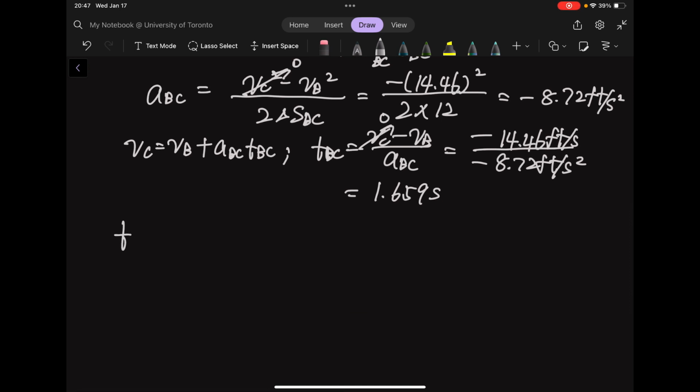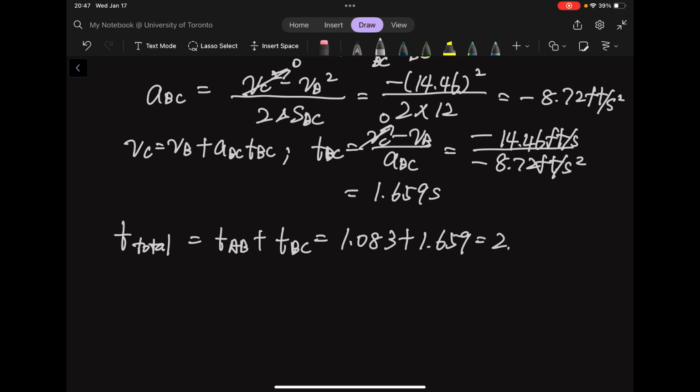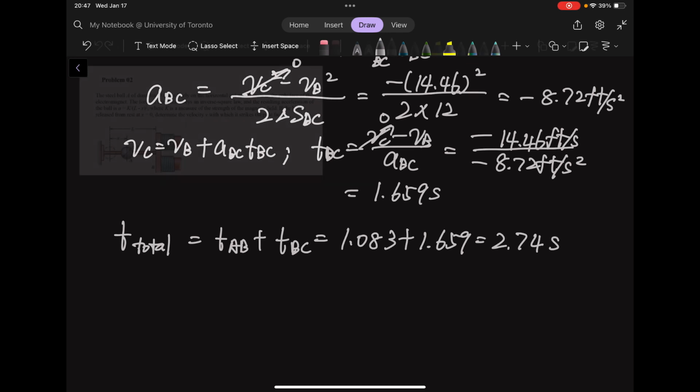So the T total is equal to TAB plus TBC, which is 1.083 plus 1.659, equal to 2.74 seconds.